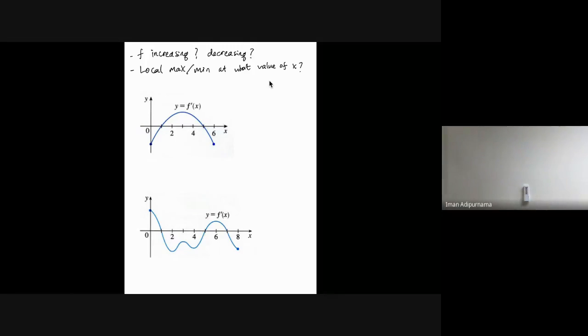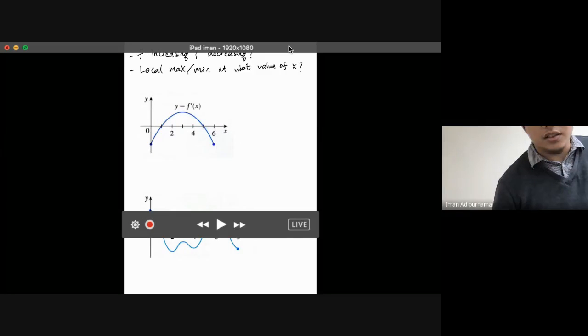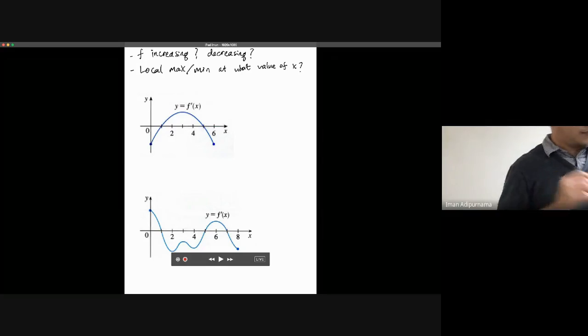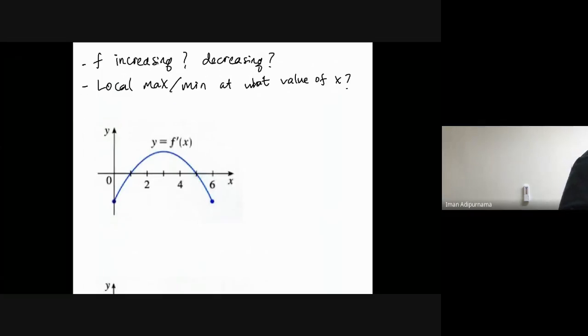Okay. So for today, I will be reviewing chapter 4 a little bit, and then we can review chapter 3 for your quiz, for preparation. Now look at this graph. The question is just asking when the function is increasing and decreasing, and what is the local max or maybe min.